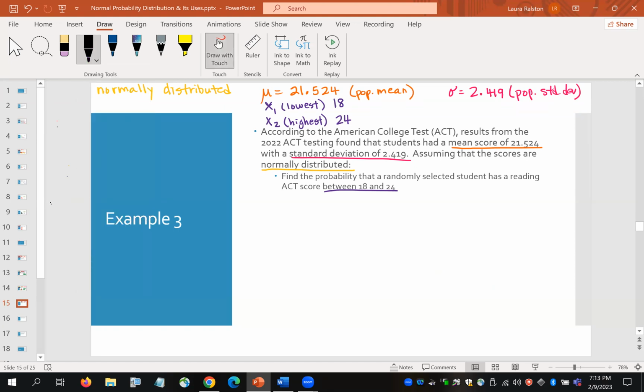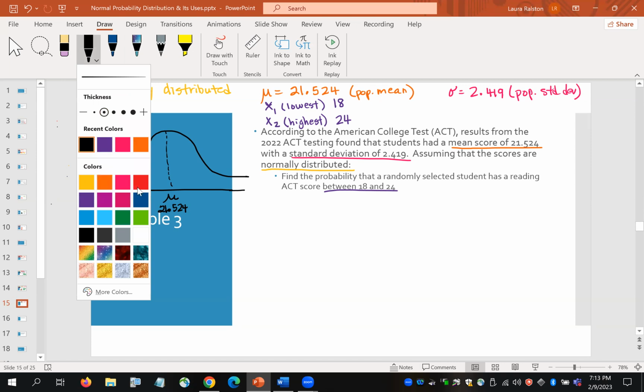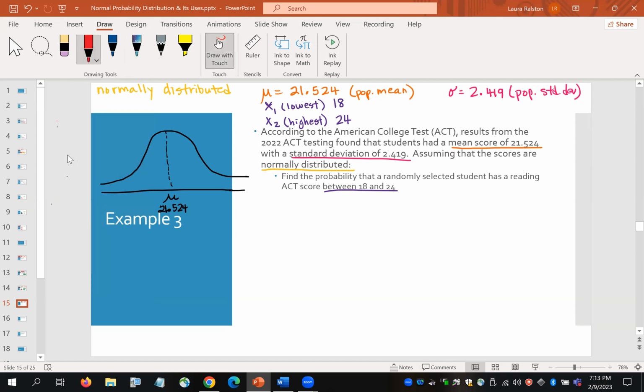Visually, again, if we think about it, you have your number line, your bell-shaped curve. The mean is in the middle, which is 21.524. In this case, I have two different X values. I have 18, which is going to be on the left, and I have 24, which is going to be on the right, and I want to be between them.